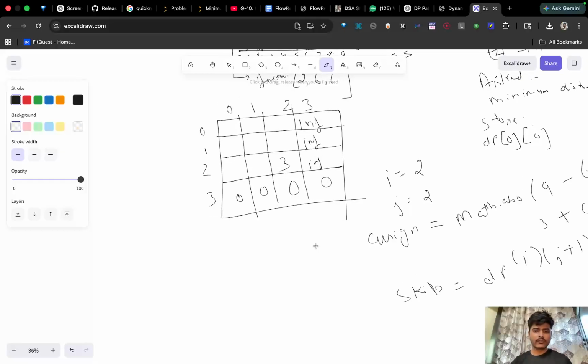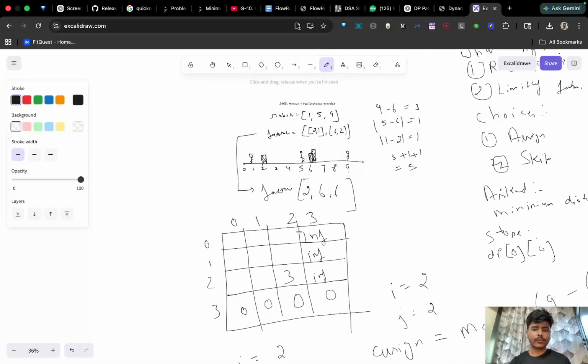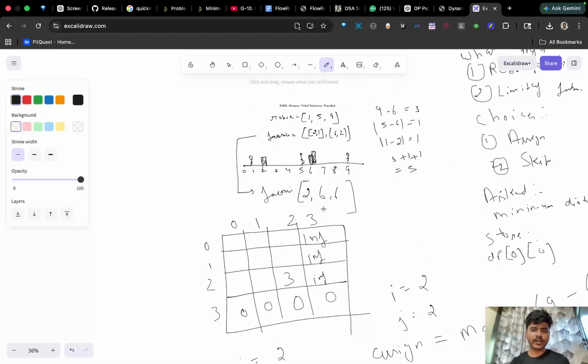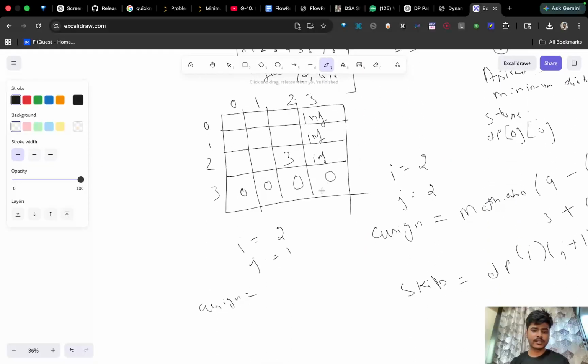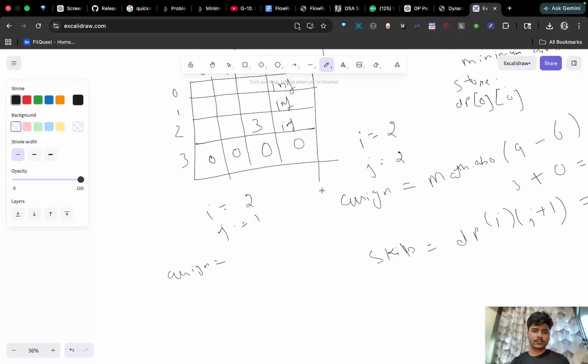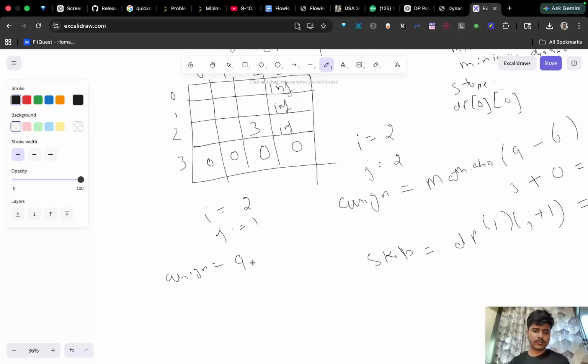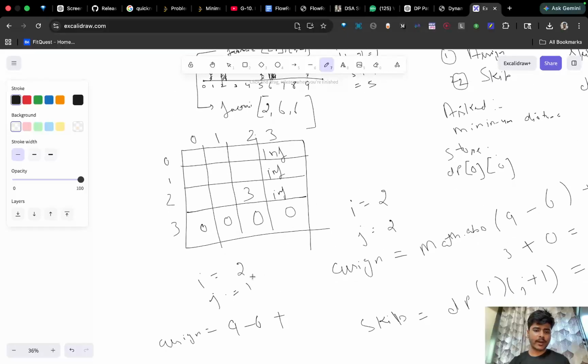Similarly, what will happen for i equal to 2, j equal to 1? The first variable is assign, that is, I assign my second robot to the first factory. The position of the second robot was 9, and the position of the first factory was 6. So the math.abs becomes 9 minus 6, plus i plus 1, which is 3, j plus 1, which is 2, so dp of 3, 2.